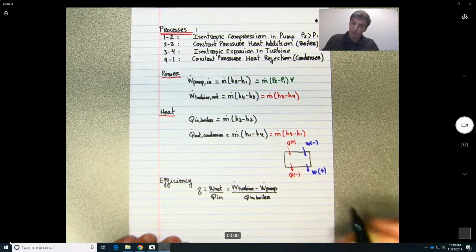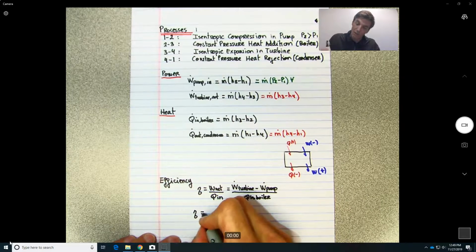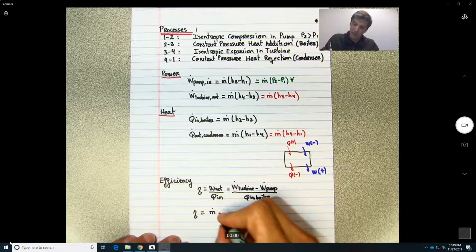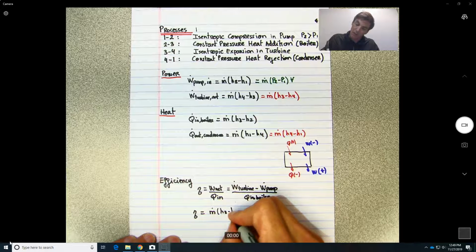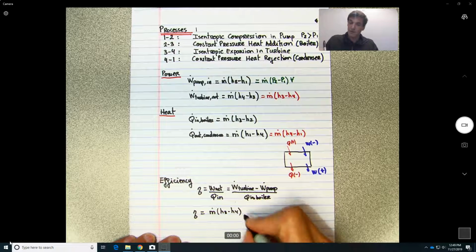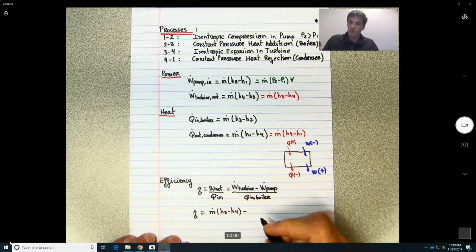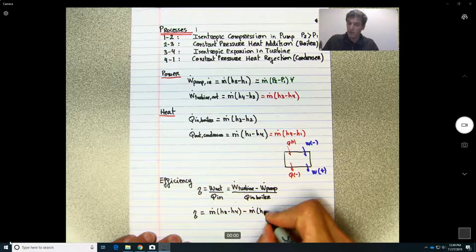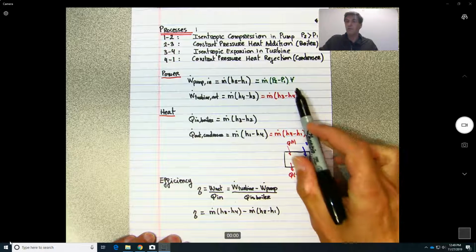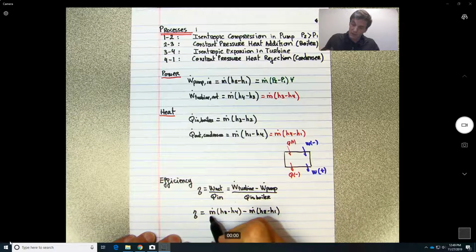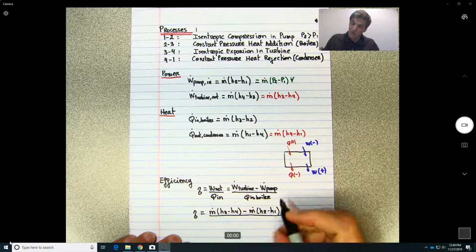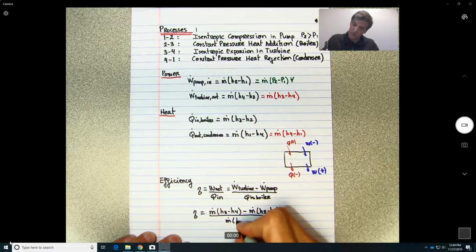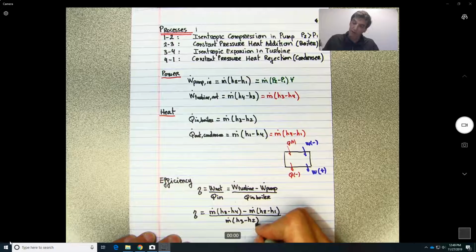So now we just substitute. One way to calculate efficiency will be to do what? The one of the turbine will be m(h3 minus h4), minus the one of the pump, so we can use either m(h2 minus h1) or the other expression, divided by the one of the boiler, m(h3 minus h2).